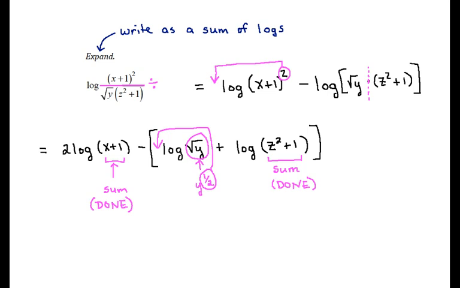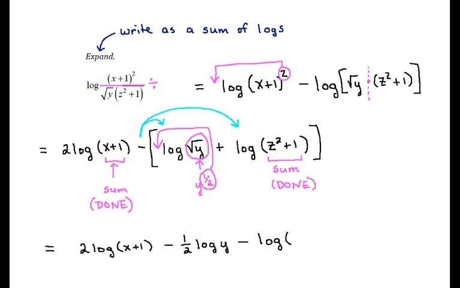While I'm rewriting this with the power 1/2 brought down, I'm also going to distribute in this minus sign here to both terms just so that I don't have to rewrite this expression another whole time. So this is going to be 2 times the log of x plus 1 minus 1/2 times the log of y minus the log of z squared plus 1.